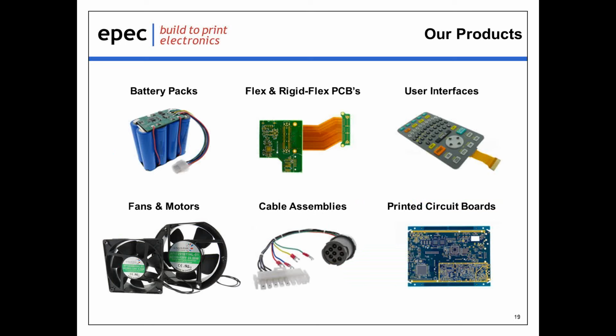All right, thanks, Jim. While you look at the questions and come up with a couple of answers, just a quick review for the folks here as to what we do besides human user interfaces. Printed circuit boards is where we started back in the early 60s, but we also, for all of these products, including battery packs, cable assemblies, flex and rigid flex PCBs, have the same capabilities that Jim discussed earlier, which is in-house design, manufacturing in the U.S. and in low-cost regions to be able to support not only production, but pre-production and prototypes.